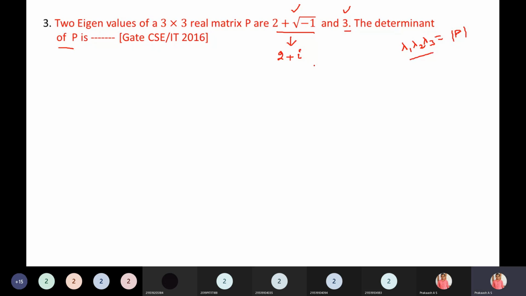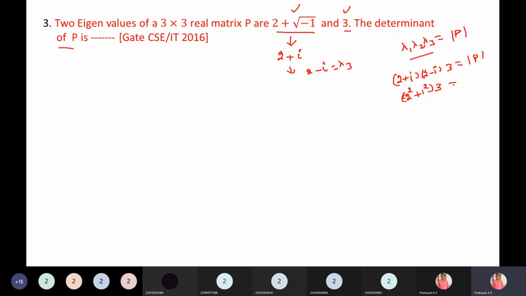So how are we finding it? Complex roots always occur in pairs. So another eigenvalue is 2 minus i. So 2 plus i, 2 minus i, and 3 equal to determinant of P. A plus iB, A minus iB is A square plus B square.